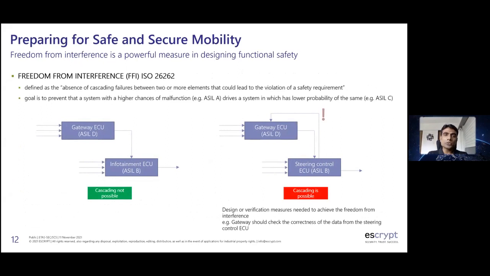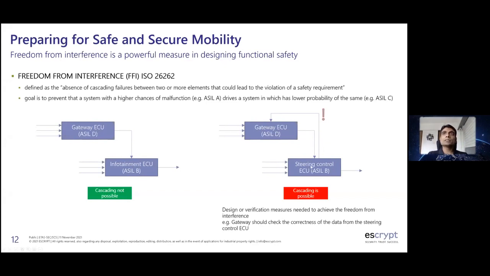So what ISO 26262 says is, freedom from interference is defined as the absence of cascading failures between two or more elements that could lead to violation of safety requirements. So in a sense, an ASIL B element, which is a subset of a bigger system, should not drive the higher ASIL component.